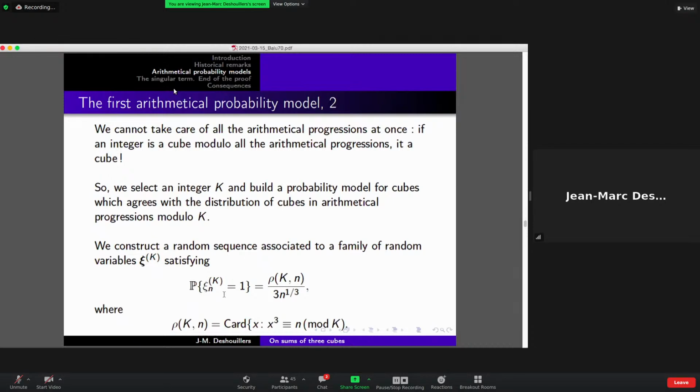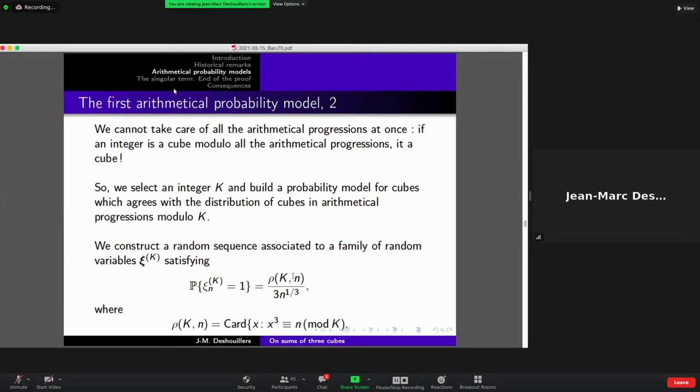The probability that n is in the sequence A_k is rho_k(n) divided by 3 n to the 2/3. It is not 1/3, sorry, it is 2/3 here. So in some way we put a compensation.